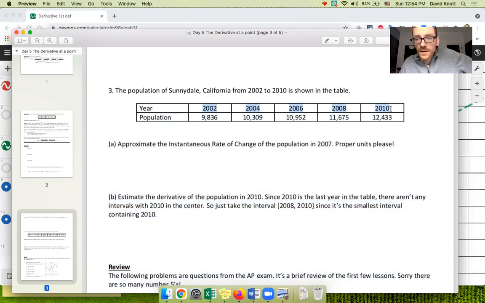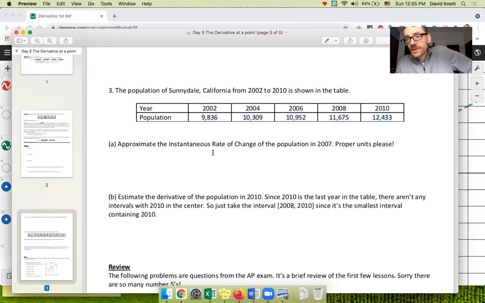Like these are the input values, the x values, and then these are the values of the function. And if we knew that the formula for the population was 3x squared plus 2x or something like that, then we could actually use that limit formula to find the instantaneous rate of change exactly. But because we don't have a formula for this function, all we have is a few values of the function. All we can do is approximate it. That's the best that we can do.